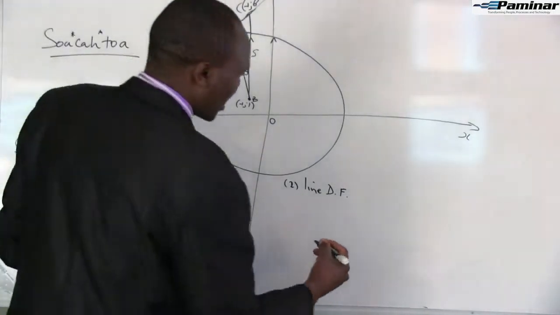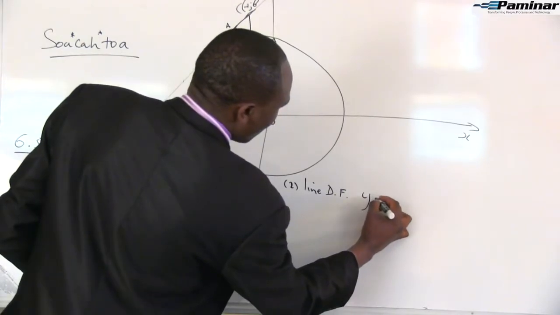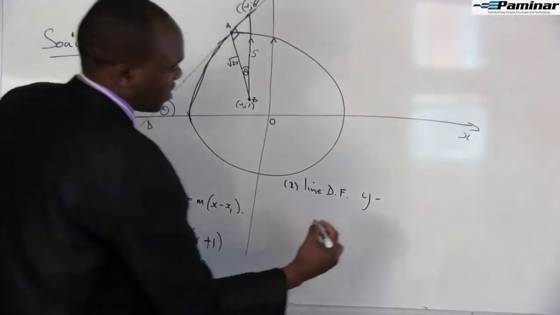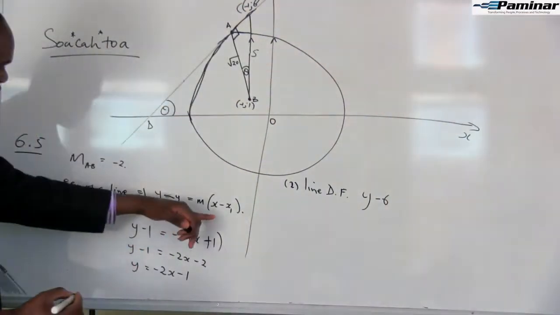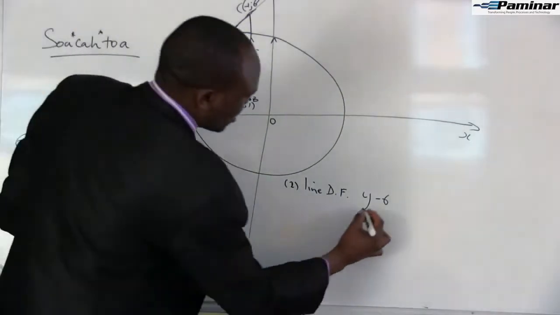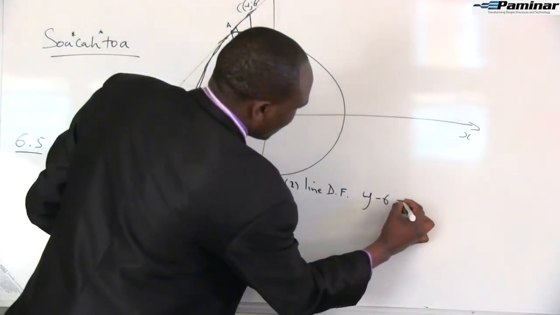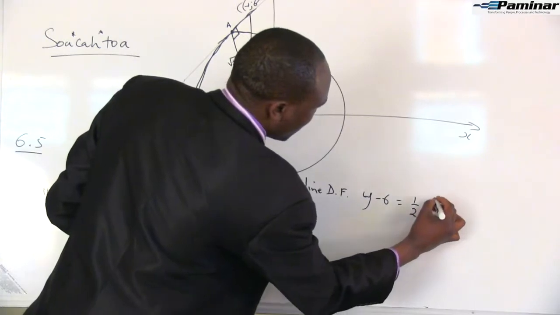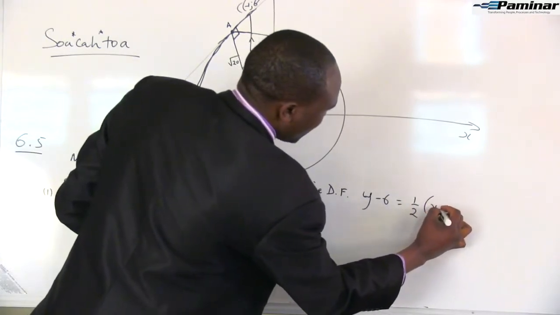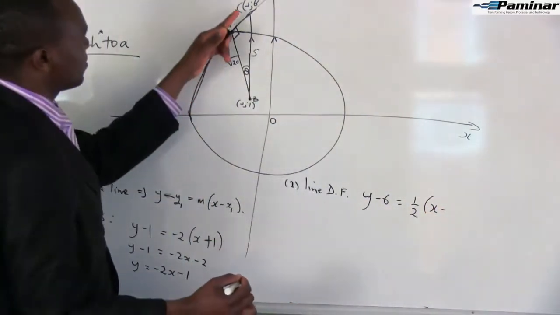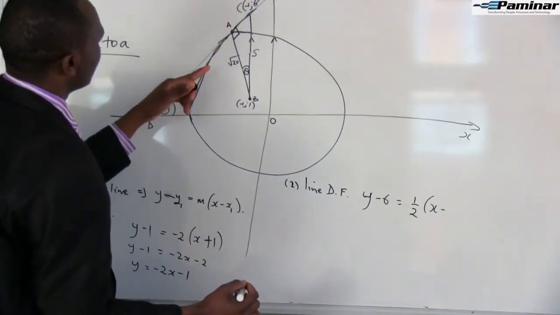So we can make the equation of that line, right? So y minus 6, using this same equation, y minus 6 is equal to half, x minus 6.